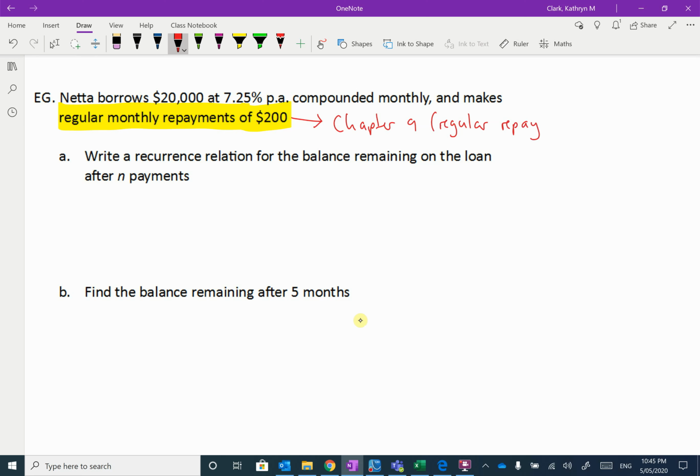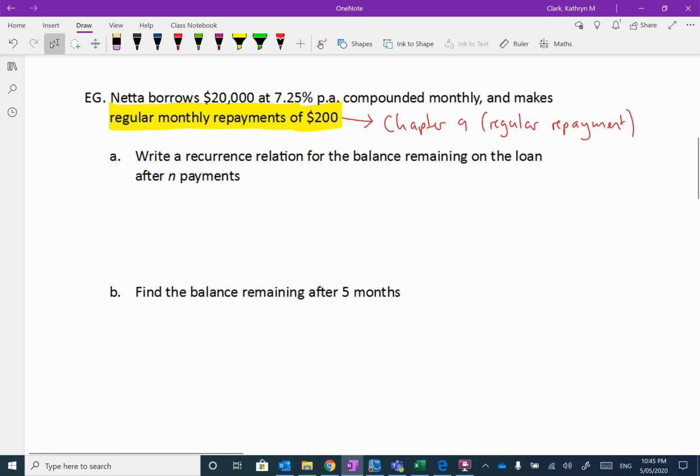The other thing we need to look at to identify a reducing balance loan is keywords that indicate the directional flow of money. Money can either be positive or negative depending on its flow. In here we see that Netta is borrowing the money. That means that Netta gets that money.